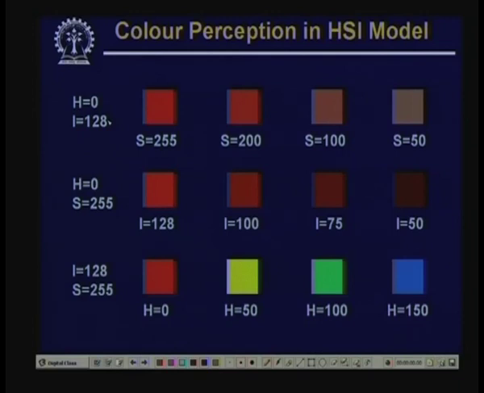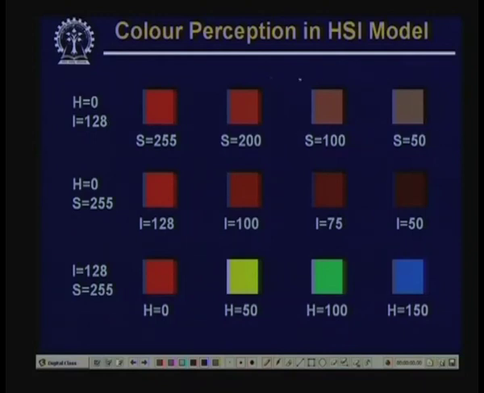As we said, our hue is measured from the red axis, from the red line. So, hue equal to 0 indicates that it is red color. In this case, the saturation equal to 255, which is the maximum, means it is the pure red color, and intensity here is 128.